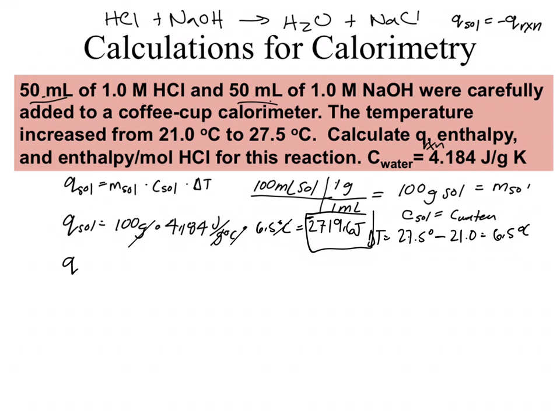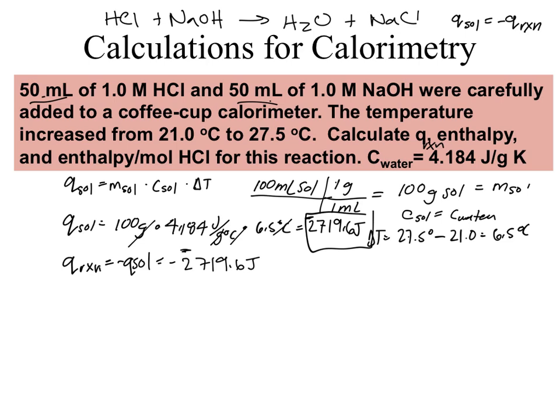Now if we want to find our Q of reaction, we change the sign of our Q of solution, which gives us the following value. This is our Q of the reaction, the heat associated with the process of HCl and NaOH interacting with one another.